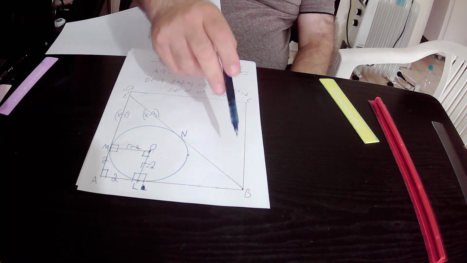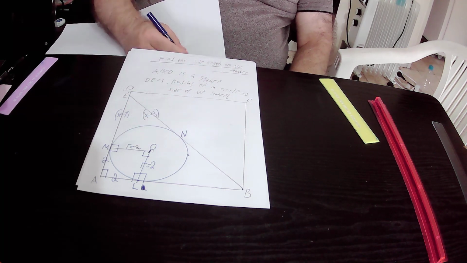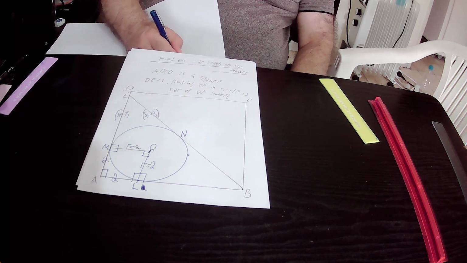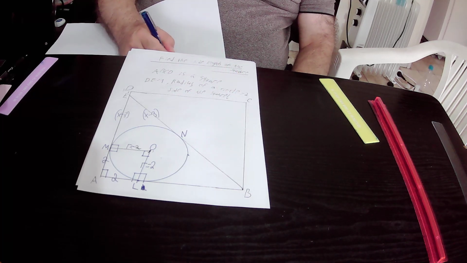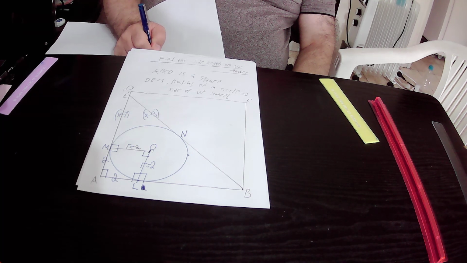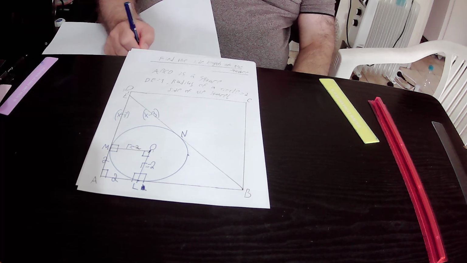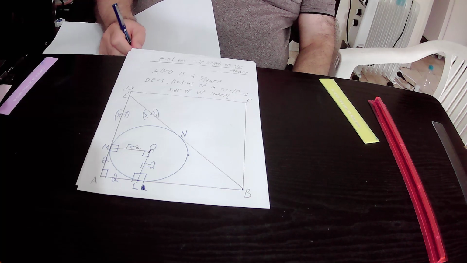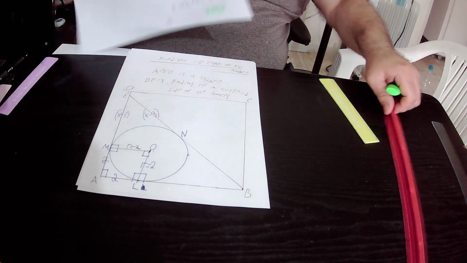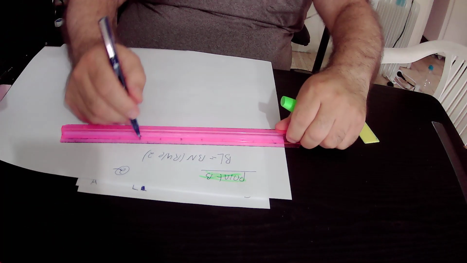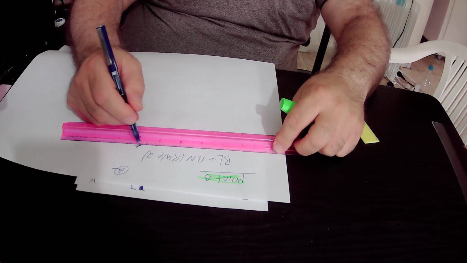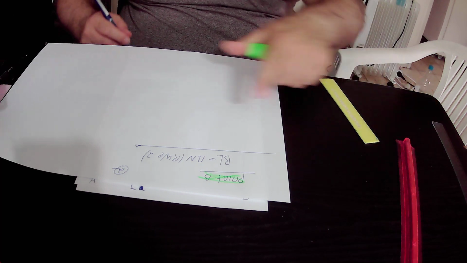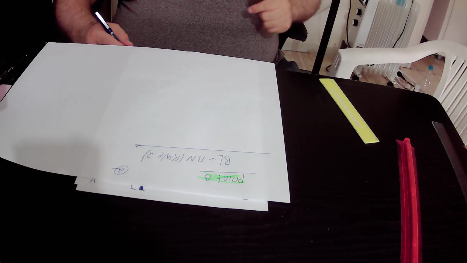The first tangent is BL, and the second tangent is BN. According to rule number 2, the lengths of those two tangents are equal to each other. That is to say, BL equals BN.